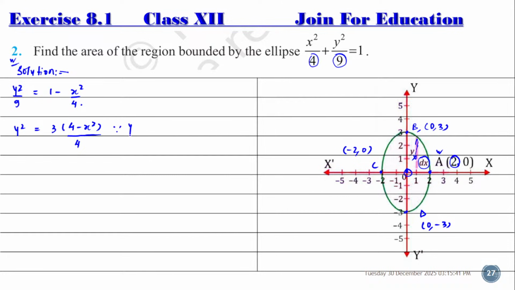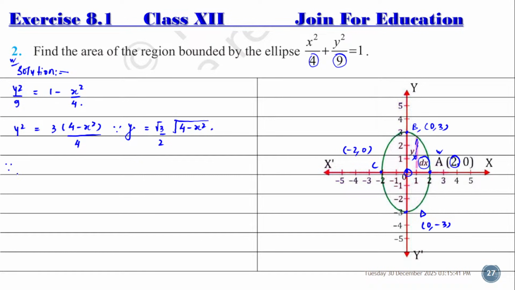Therefore y equal to 3 by 2 root of 4 minus x square. There is no problem to understand up to this step.